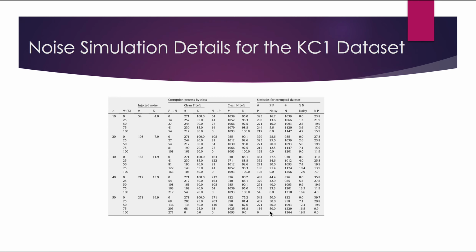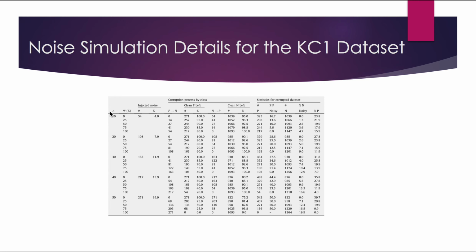Also, I think I forgot something. This entire table presents noise corruption statistics for the KC1 dataset, which has 271 positive and 1093 negative examples, with lambda at 10%. 54 examples are injected with noise.